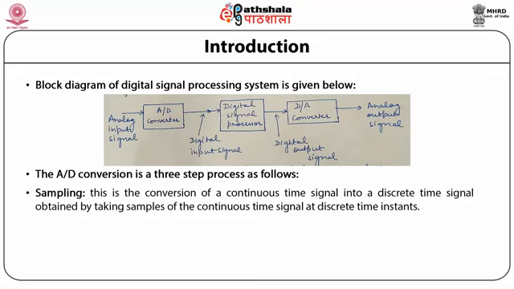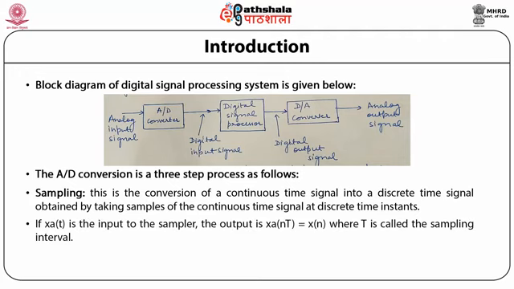This is the conversion of a continuous time signal into a discrete time signal obtained by taking samples of the continuous time signal at discrete time instants. So if xa(t) is the input to the sampler, the output is xa(nT), which is equal to x(n), where T is the sampling interval.